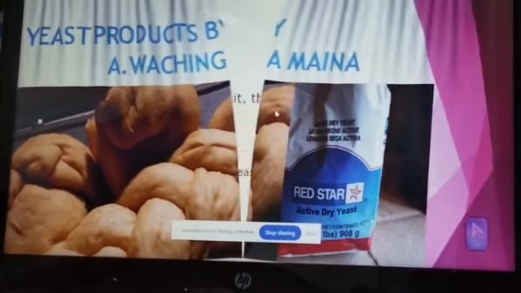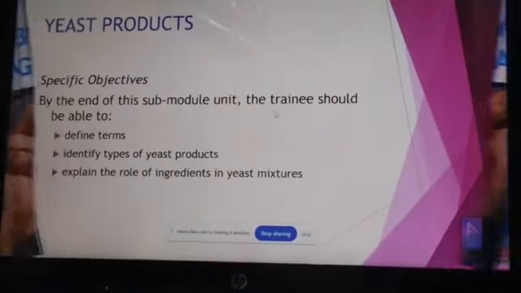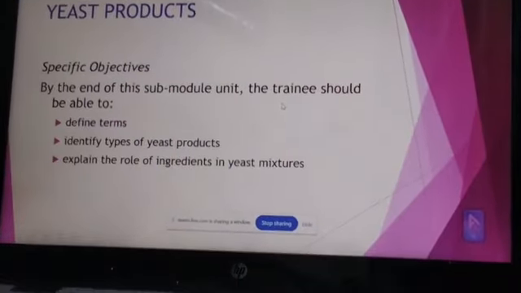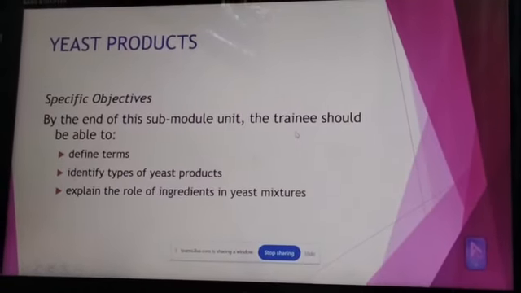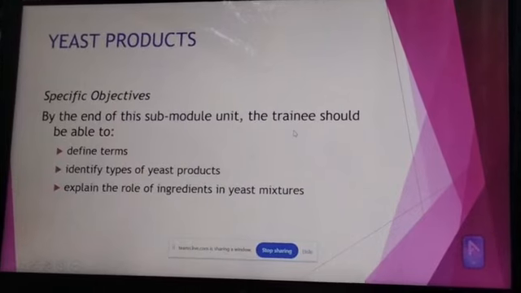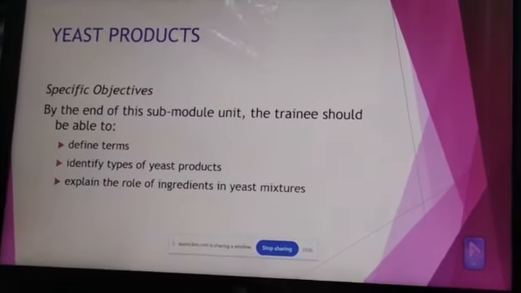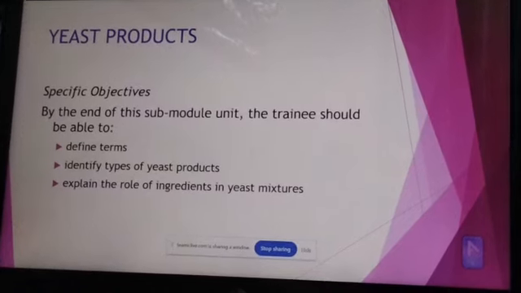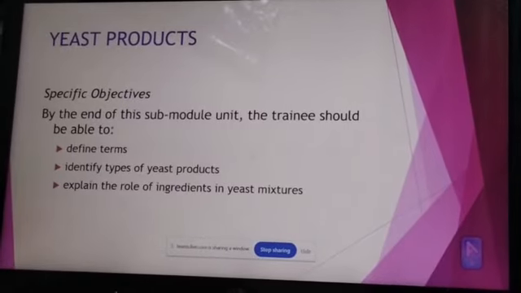All right, so we look at our lesson's objectives, whereby we have three of them. The first one: by the end of this sub-module unit, you will be able to define terms. Then you will be in a position to identify types of yeast products.